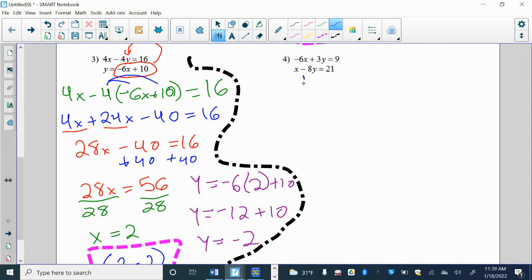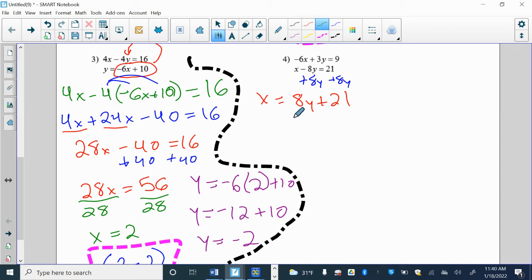So let's start by adding 8y over in this bottom equation, because then we would have x equals 8y plus 21. And that guaranteed that we were not going to introduce any fractions or decimals.